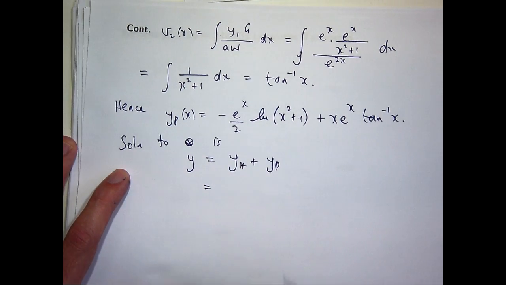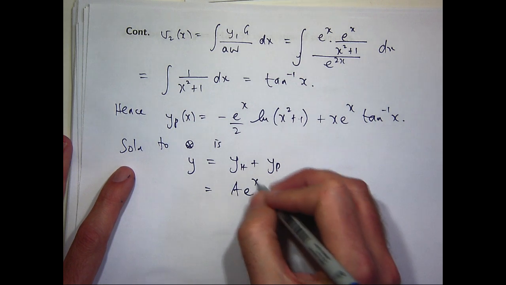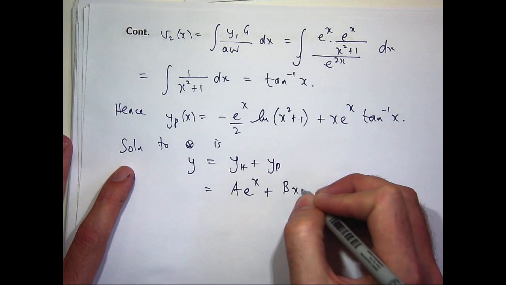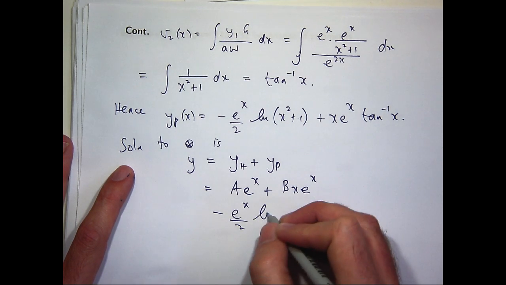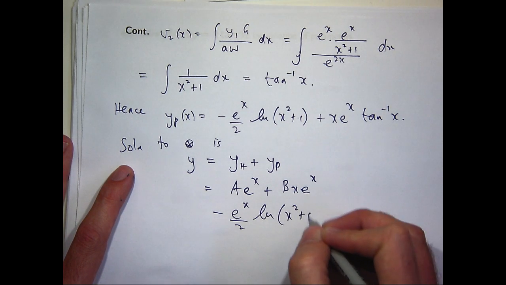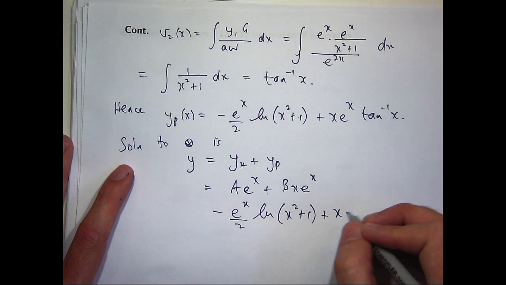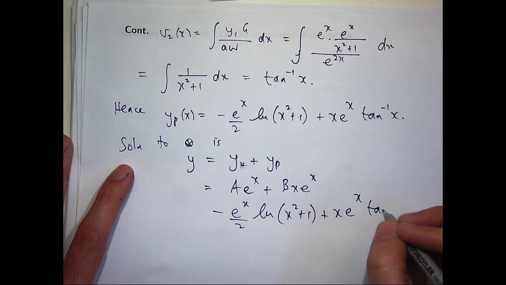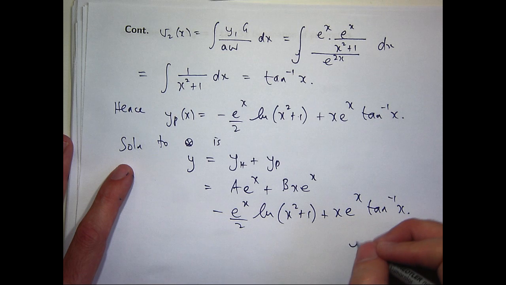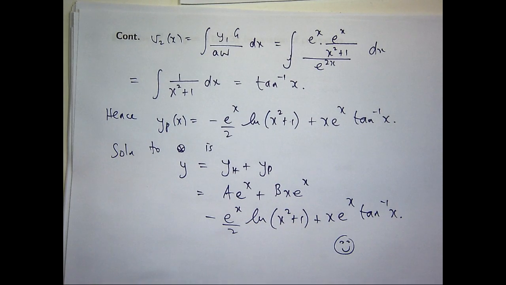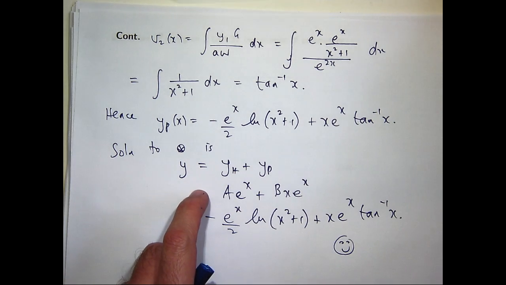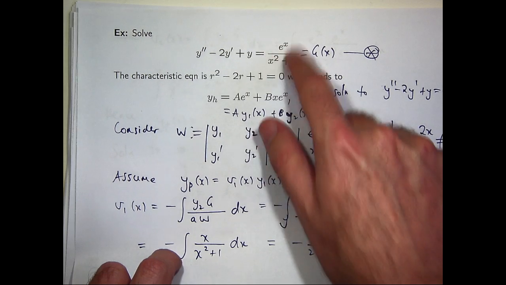This is going to get a bit messy now, but we have the following. We got there. Can you see how the homogeneous solution in this case has nothing to do with this form?